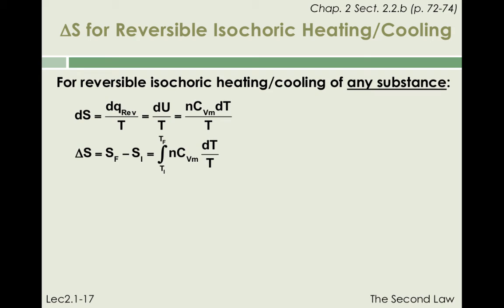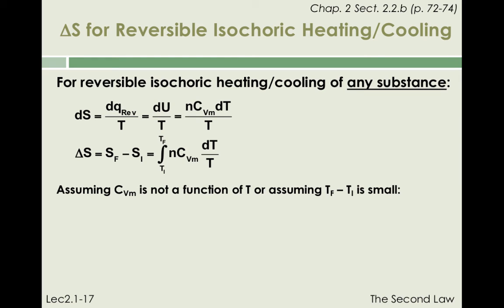So dS is equal to n CVM dT over T. By integration between the initial state i and the final state f, we obtain delta S equals Sf minus Si equals the integral of n CVM dT over T.